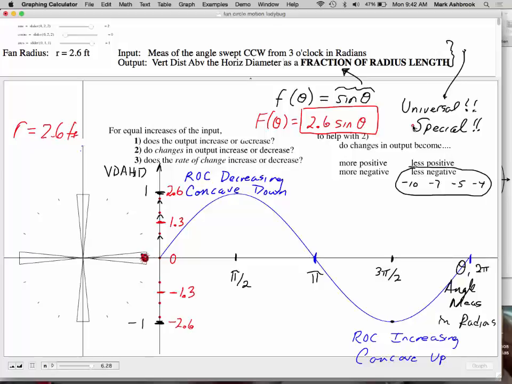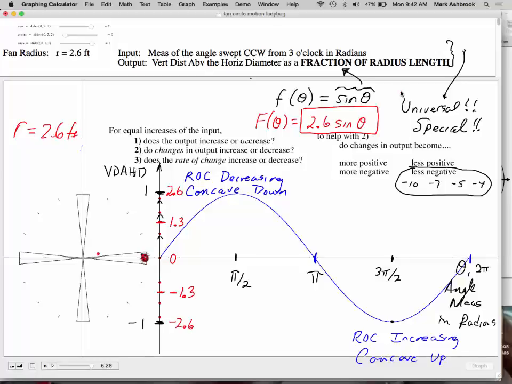Before, when the height was 1, now I want it to be 2.6. If the height was a half, I want it to be 1.3. If it's negative 1, I want it to be negative 2.6. Okay, anybody have a question?